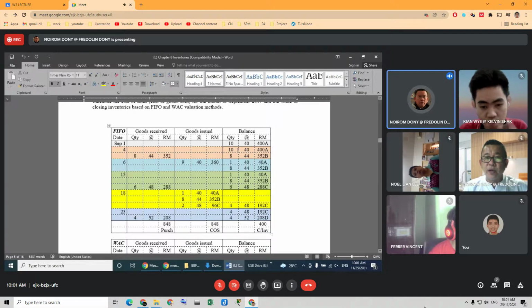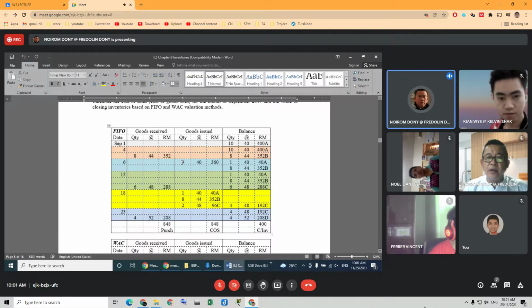So available units, you have 10, correct? If you have 10 units available, you need to issue 9. You can take from the first batch, so issue 9 of it, and update your balance.